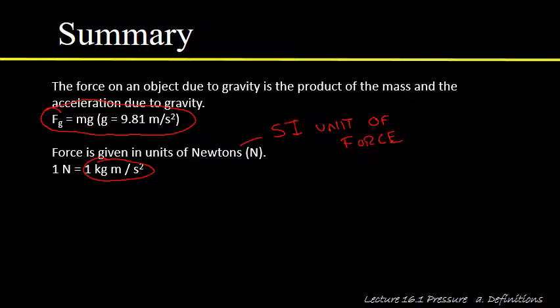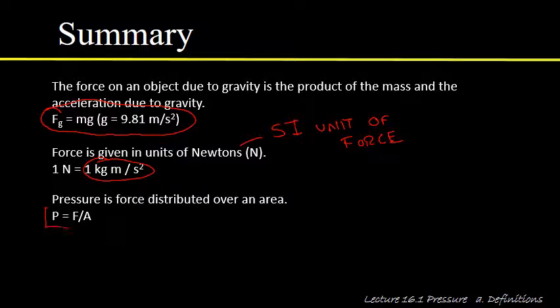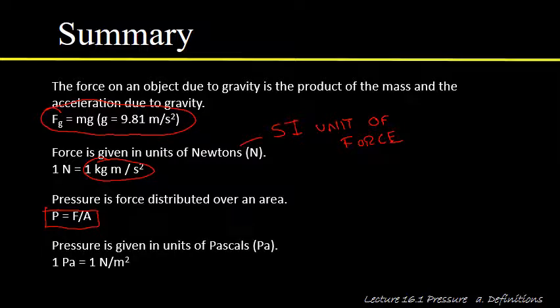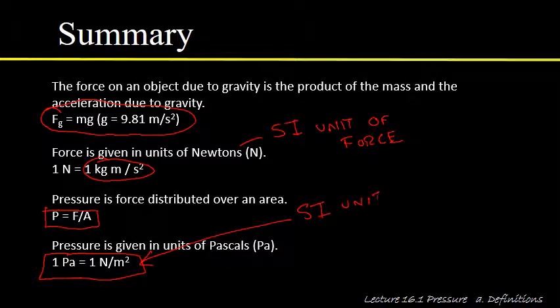And then we also talked about pressure. Pressure is this force distributed over an area. This is an important equation. This is the definition of pressure, so you should be familiar with that. And when you do the calculation with pressure, you find that you end up with newtons per square meter, and this unit, newtons per square meter, is defined as Pascal, which has the abbreviation Pa, and Pascal is the SI unit of pressure.